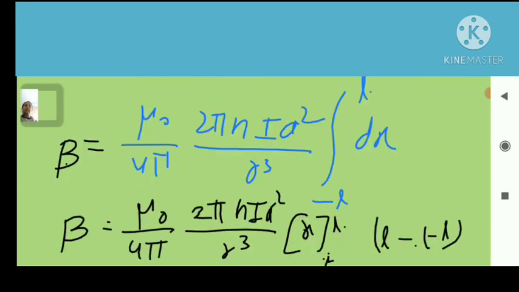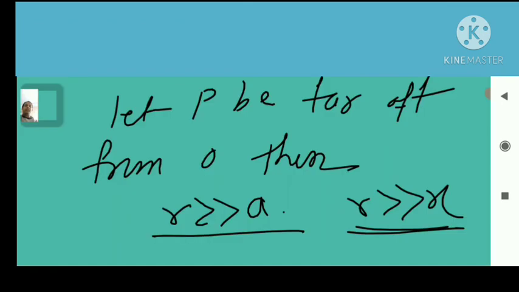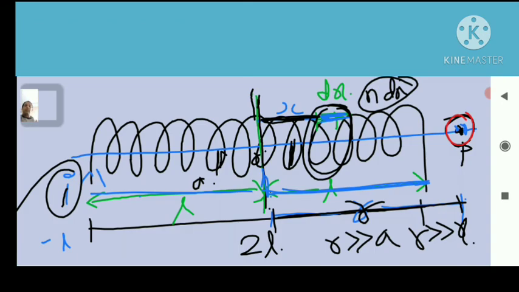I mean, when we put a bar magnet instead of this solenoid, then the same magnetic field is produced here and we get the same expression at point P.